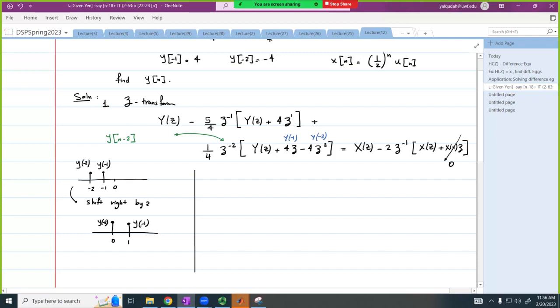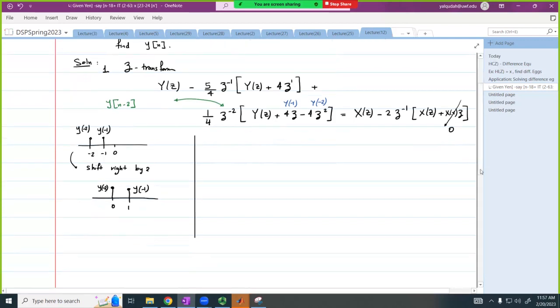Agree? Now if I take the z transform of this signal, it equals y at -2 multiplied by z to 0 plus y at -1 multiplied by z to -1. Agree?